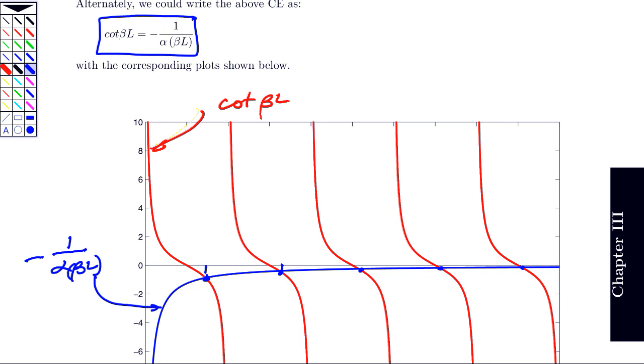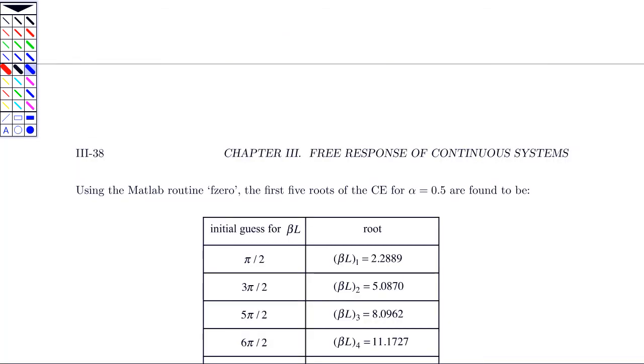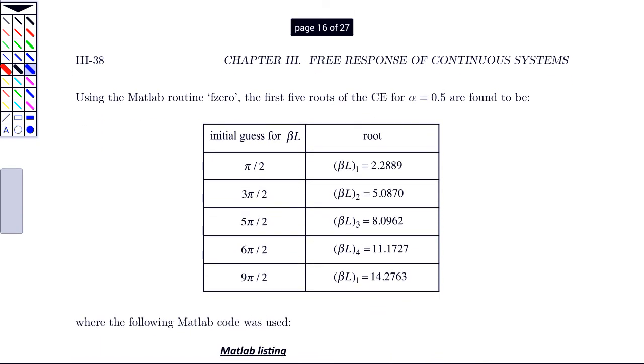It's just that the second one gives us a more manageable solution procedure. So what I did was I guessed, using that second case, I used the initial guesses there for odd multiples of pi over 2. And using the MATLAB routine called fzero, these are the first 5 roots.